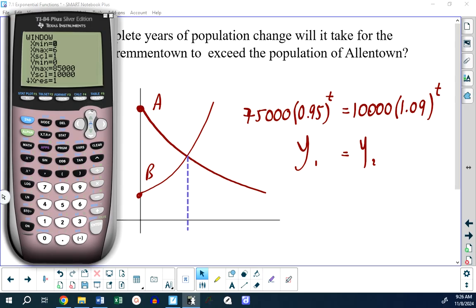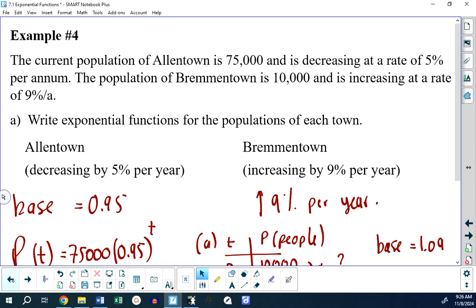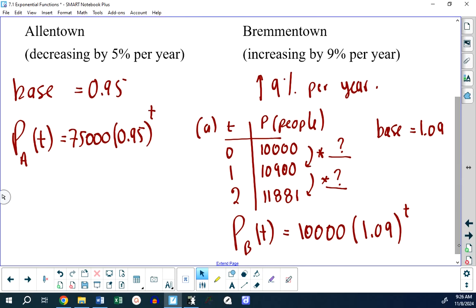Now what about x? Well, we have to use a bit of common sense here. We can even go back and look at this table we generated for Brementown. After 2 years, it's only gained a little under 2,000. So I might guess let's go to 20 years. Let's see what happens in 20 years. I honestly don't know. I just pulled that number out of thin air.